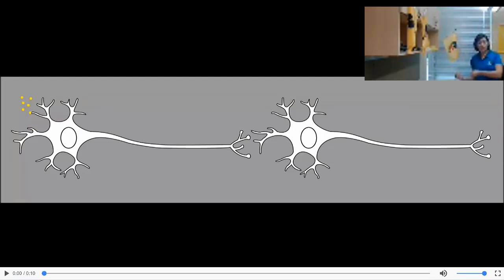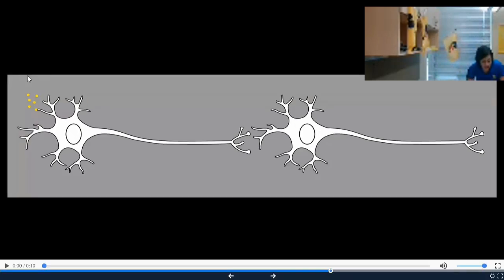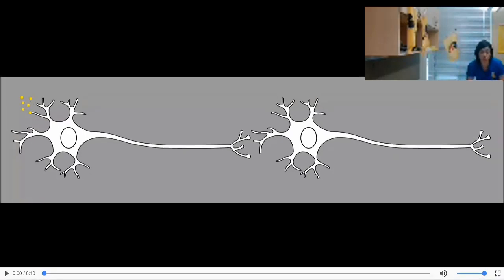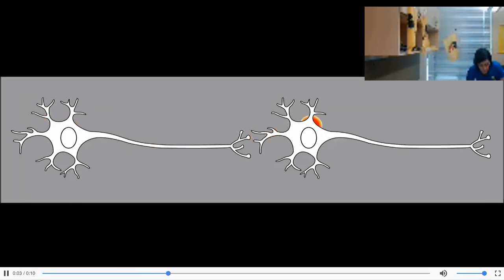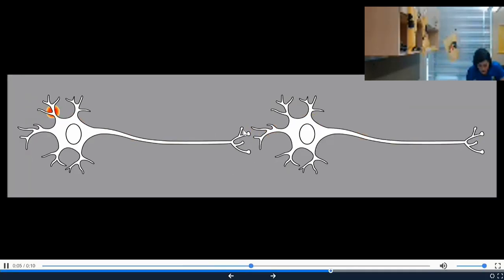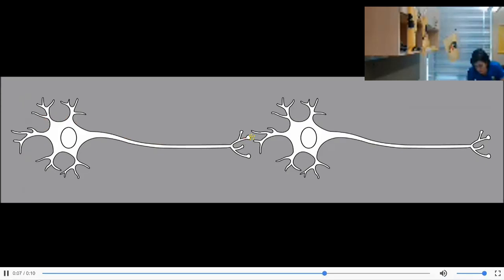So how does that communication work? It's chemically done. They receive these yellow dots here that we call neurotransmitters, which are substances that contain the information, the message. When they receive the neurotransmitter, it will have an electric impulse, and it will pass the information to the other cell.